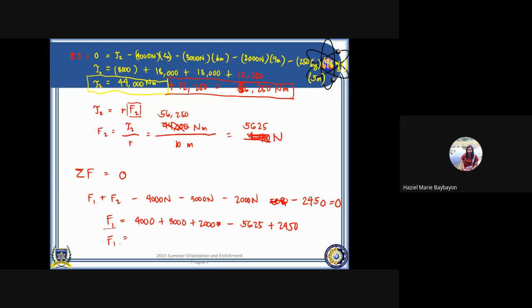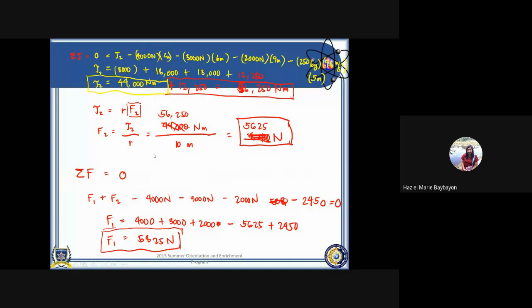Pila na siya, class? I-calculate, ma'am, kanang F1 tanan. Yes. Ma'am, ang result kay 5,825. 5,825 newtons. Okay, so this is F1.